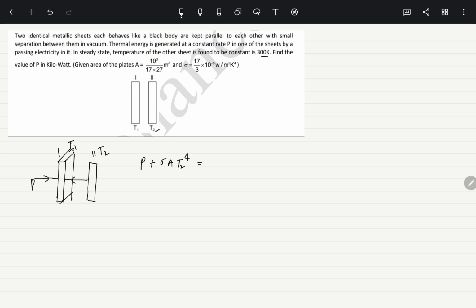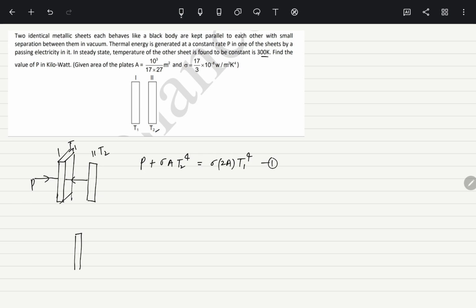So a black body releases whatever it absorbs. How much will it release from both the surfaces? So we will write sigma 2A T1 to power 4. So that is our first equation. First of all. Now let's move to the next case.